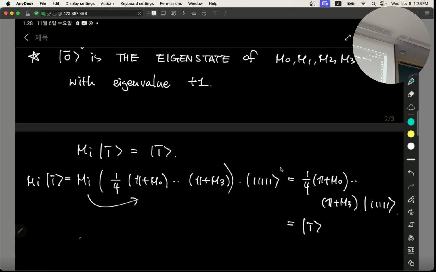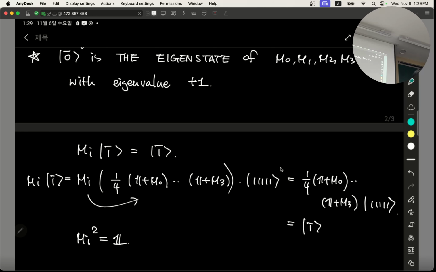And there are more things to talk about. What is mi squared? As I said, it's 1, right? In linear algebra, if you remember, when you have a matrix whose square is 1, there are always eigenvectors for eigenvalues plus 1 and minus 1.